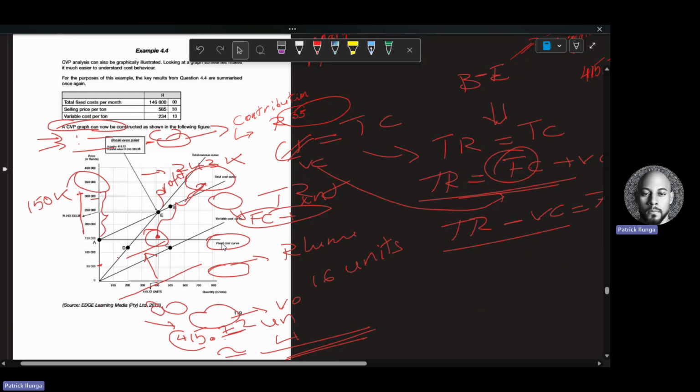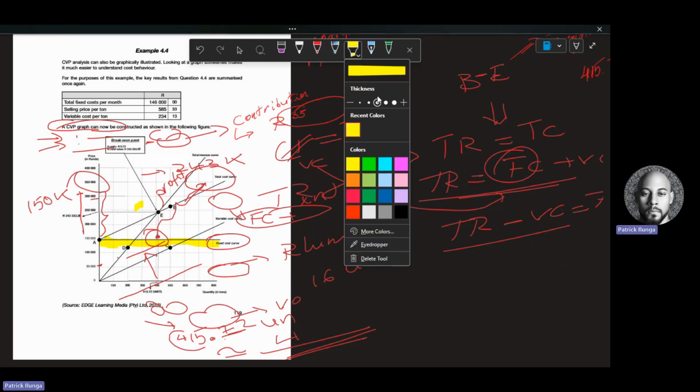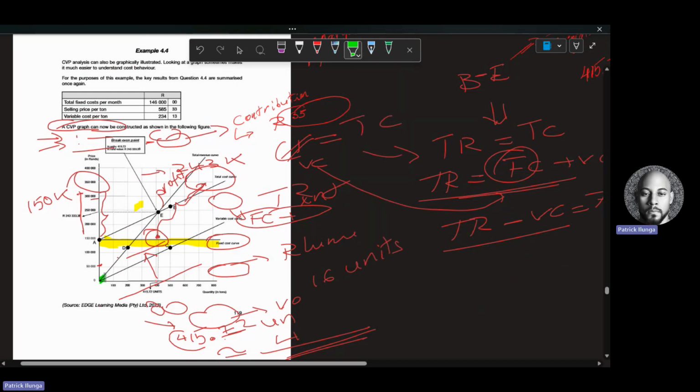So you have your total fixed cost. Once again, to repeat, this is your total fixed cost, in case you're not seeing it properly. Let me look for a marker here. There you go. You see this line here is the line of your fixed cost, right? For your variable cost, this is the line for your variable cost.